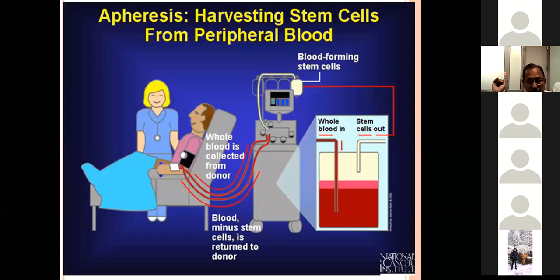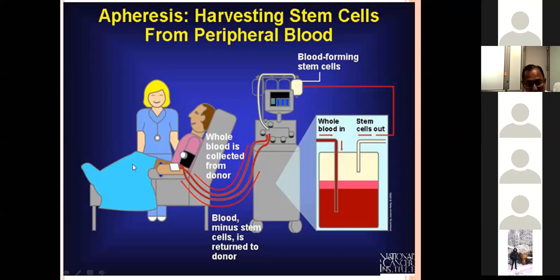This is the harvesting of stem cells from the blood. This is the donor, and this is the stem cell pheresis machine. It is just like a dialysis machine. The blood is run into the machine, the stem cells are extracted, and the rest of the blood is returned to the donor. It is an OPD procedure.